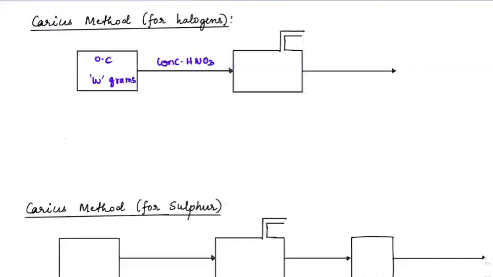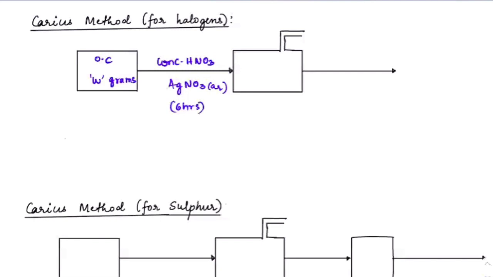So concentrated HNO3 will oxidize the carbon and hydrogen part of the hydrocarbon present. Along with that, we add some amount of aqueous AgNO3, and we let it stand for 6 hours.